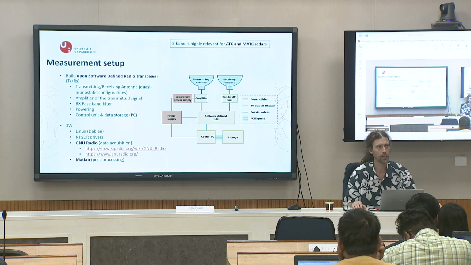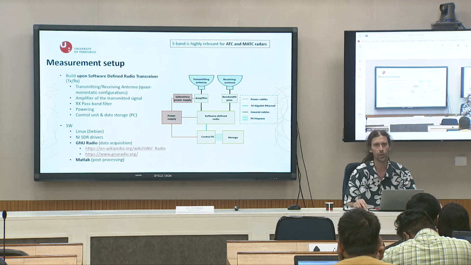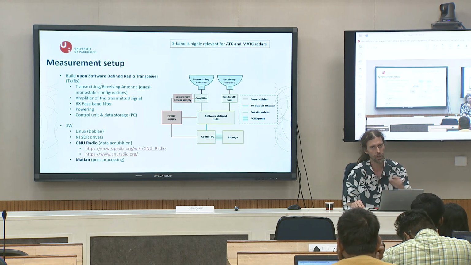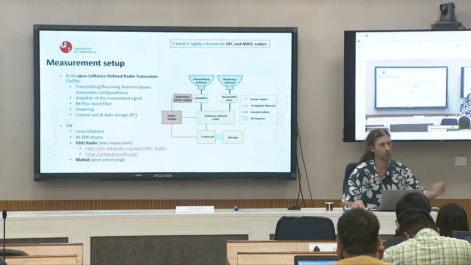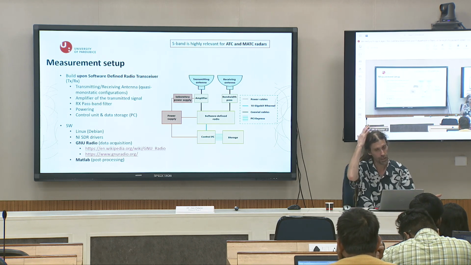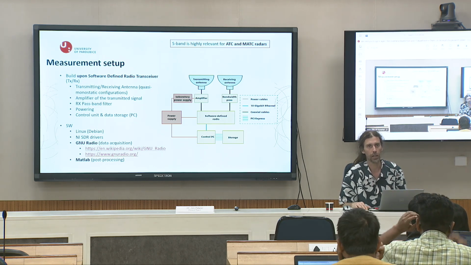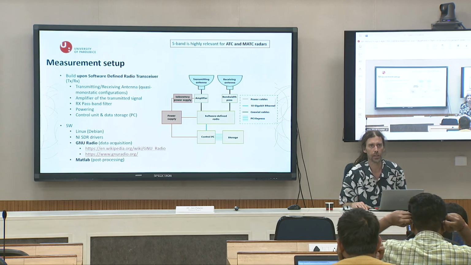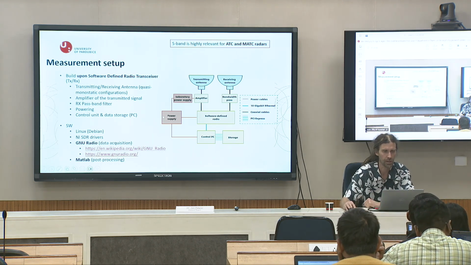You need to install special drivers and set up the network connection. Usually you need two network cards, one for normal communication, for example to download drivers, and a second for the connection with the SDR. And this second one, I recommend a 10 gigabit per second LAN, because you need high bandwidth.